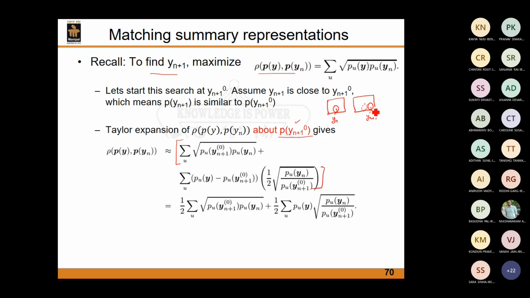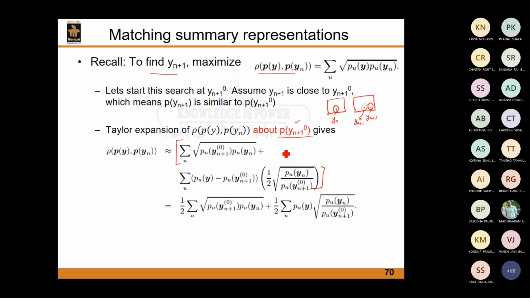Let's say this particular one is my actual value, and this one here is my initial estimate, that is y n plus 1 0, where 0 indicates the initial estimate. From this initial estimate, it can just try looking at the neighborhood to find the actual one. So that is what this particular term indicates.